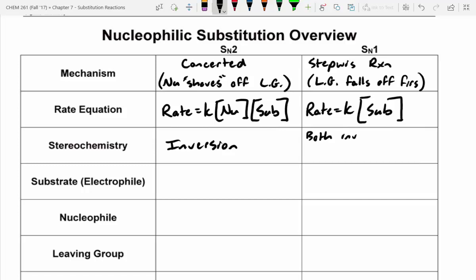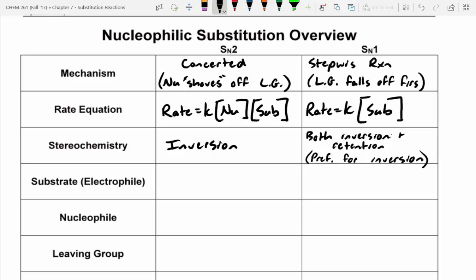Both inversion plus retention. But we know that there's a preference for inversion. So the main difference is with SN1 we get a mixture, with SN2 we only get one product out.